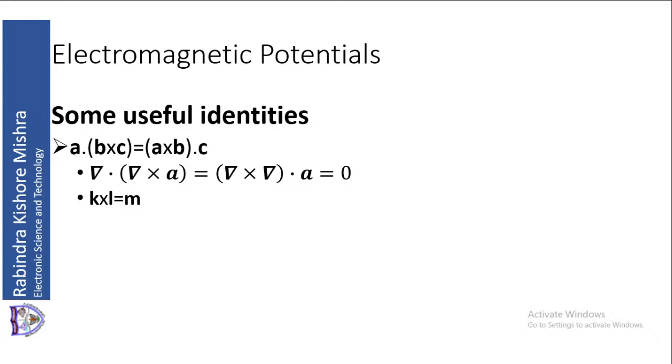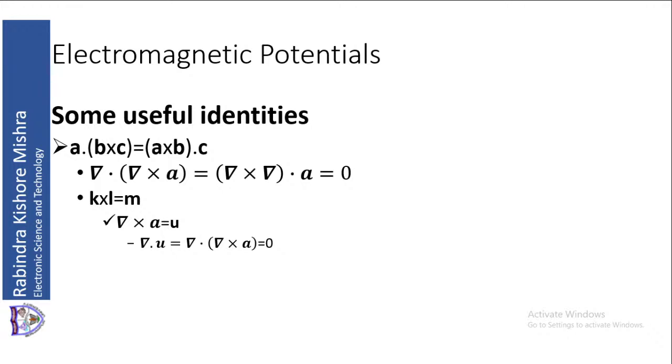Then there is another identity. Suppose K is a vector, L is a vector, and K cross L is equal to M. For K let us use del, for L let us use italic a, and for M let us use U. Then del cross a is equal to U. Now take the divergence on both sides. Then del dot U will be equal to del dot del cross a. We have already seen that del dot del cross a is equal to 0.